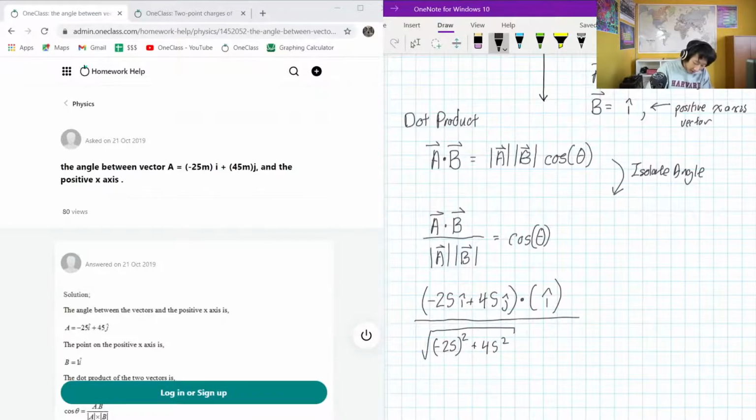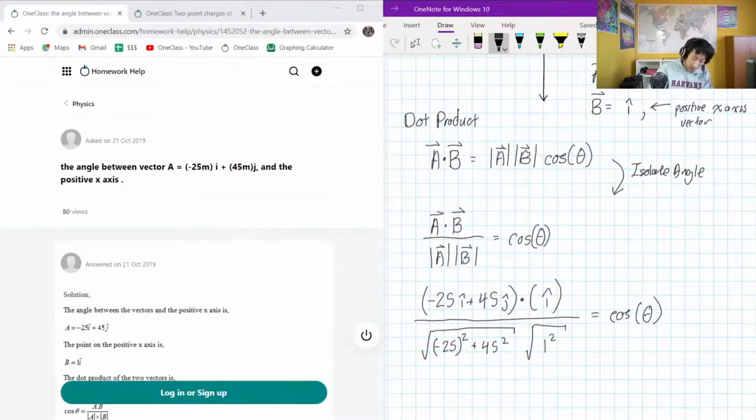Very Pythagoras-like. For the magnitude of B, well, that's fairly simple. It's just going to be the square root of 1 squared. I'm going to write it out still just to be 1000% formal. And this is going to be equal to cos theta.